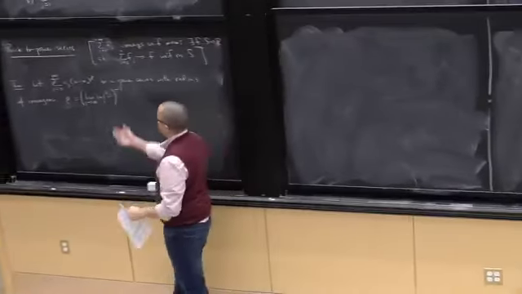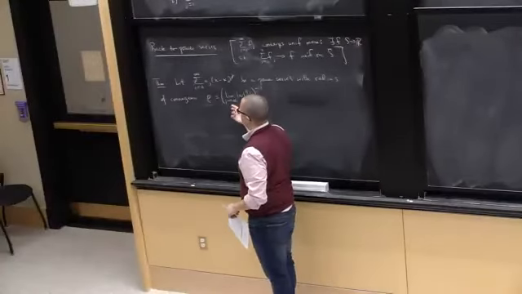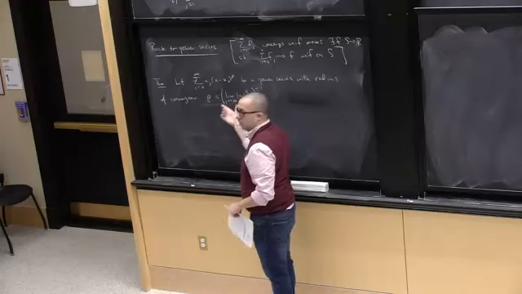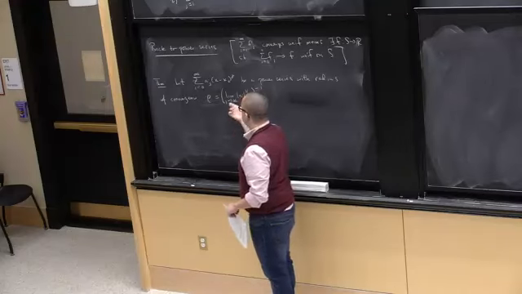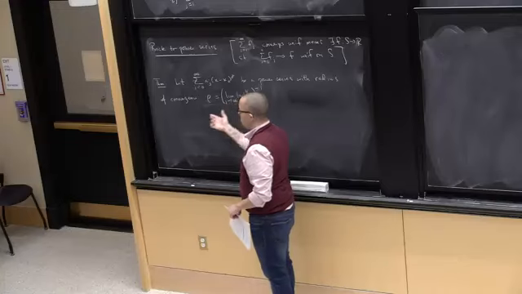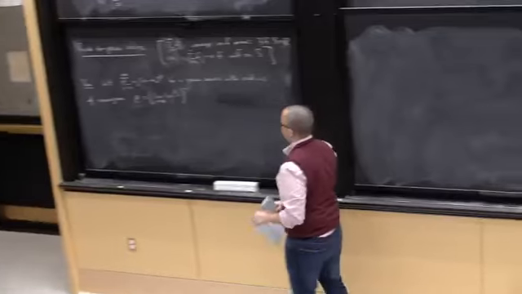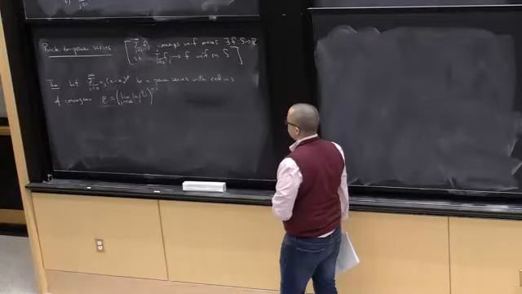If this limit is 0, we say that the radius of convergence is infinity. Okay, so if this is a finite number, this is a meaningful expression. If this is 0, then this is shorthand for saying the radius of convergence is infinity. Okay?